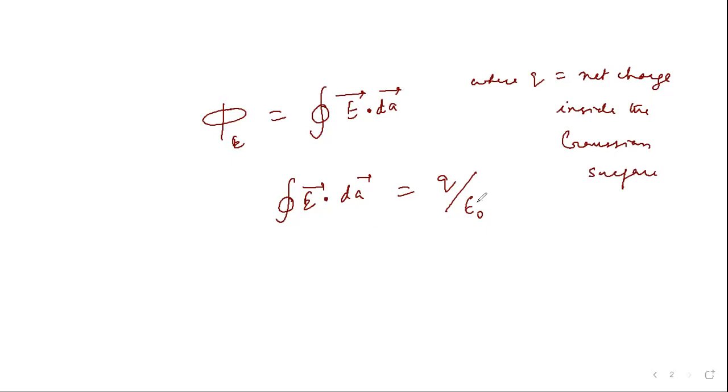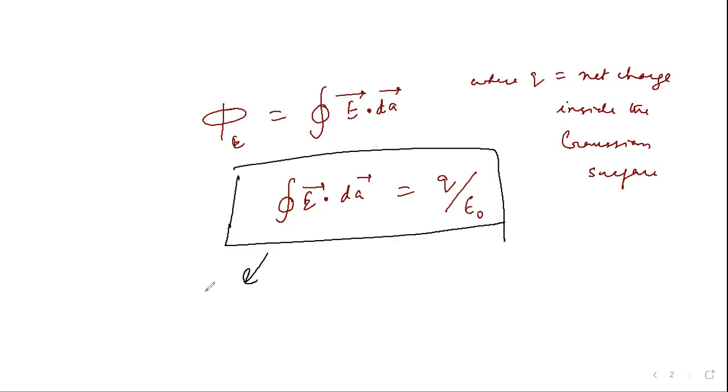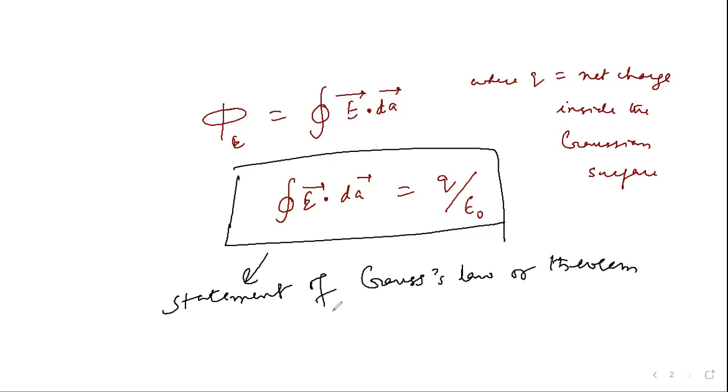And epsilon naught, you know, is the permittivity of free space. And you know this is valid in vacuum. So this thing you need to remember. This equation is the statement of Gauss's law, or theorem, for electrostatics.